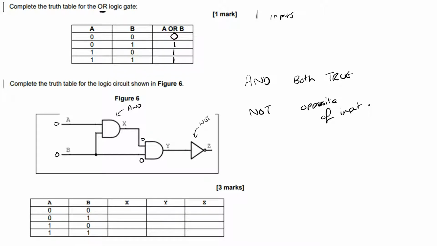So X will be off, so it will be false. Y will also be false, and Z, because it's a NOT gate, it will do the opposite, so it'll be a 1, because the Y coming in is off, so the output is on or true.